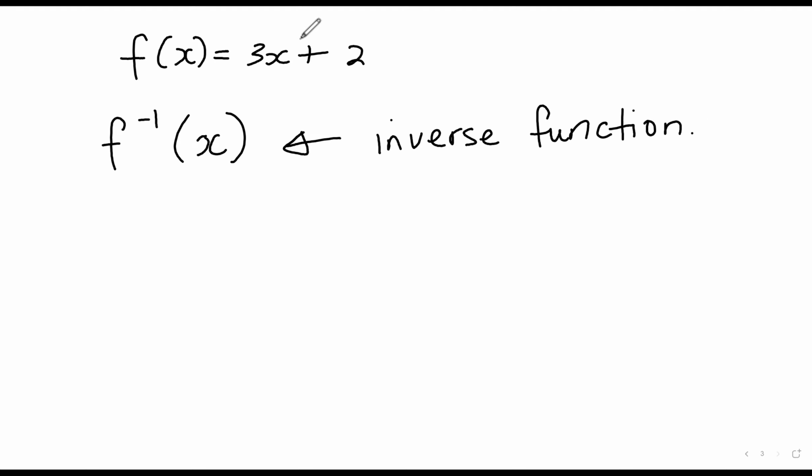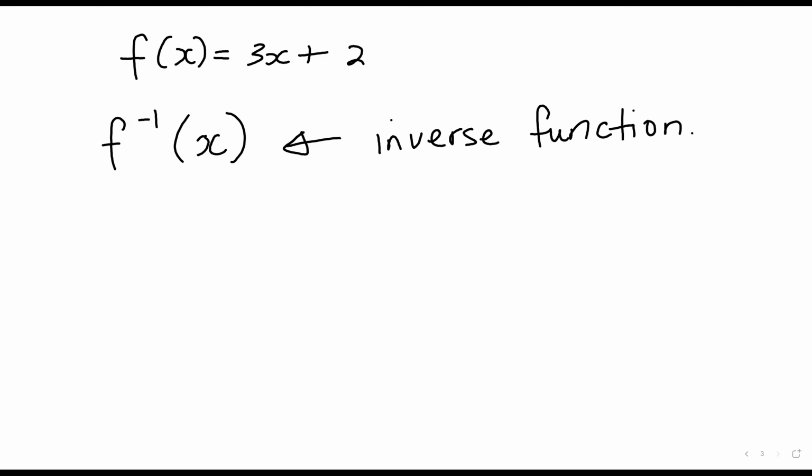So in this function, f of x is equal to 3x plus 2, this literally means for every x value, you would multiply it by 3 and then you would add 2. So the inverse is the opposite of that. So instead of adding 2, it will be minus 2, and instead of multiplying by 3, it will be divided by 3.